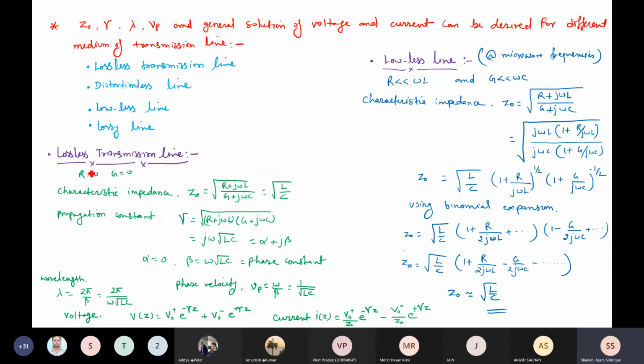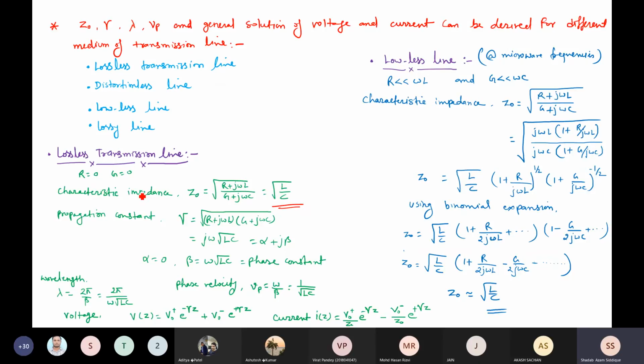To avoid these losses, the resistance as well as the conductance should be zero for the transmission line. If they are zero for the lossless transmission line, all the equations and parameters we have derived will be altered and the formulas will change.